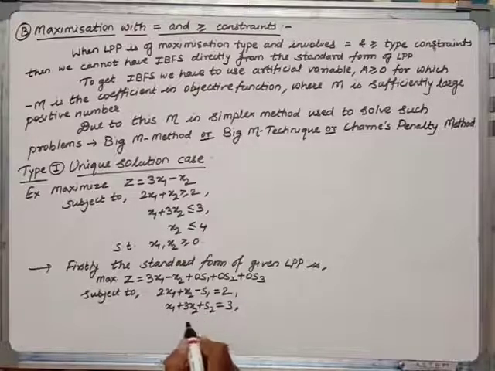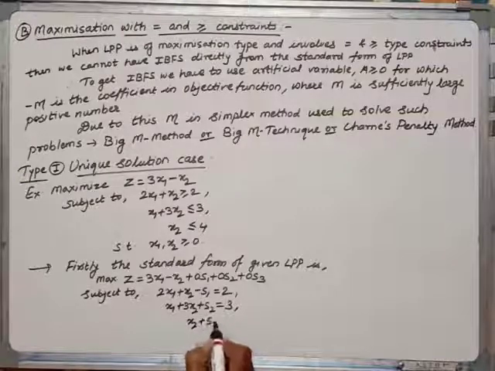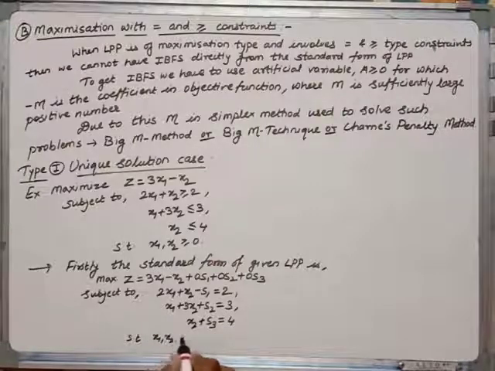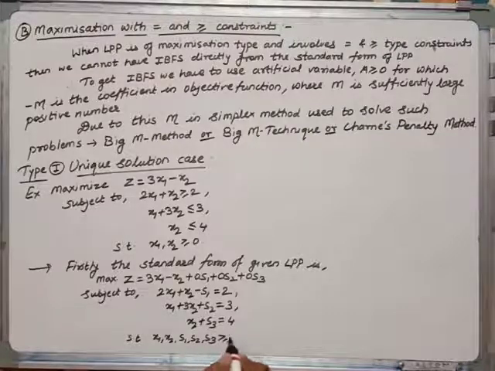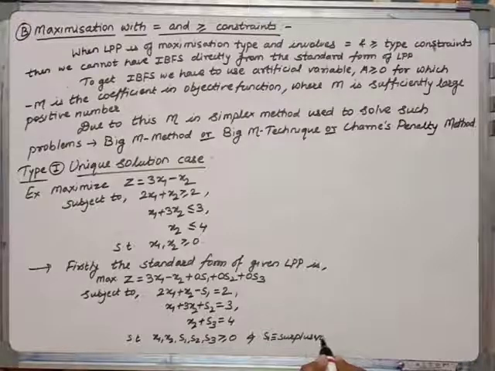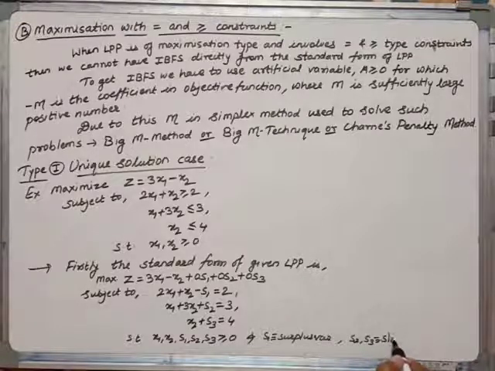Then x2 plus s3 equal to 4, such that x1, x2, s1, s2, s3 are all greater equal 0, and s1 is a surplus variable, while s2, s3 are slack variables.